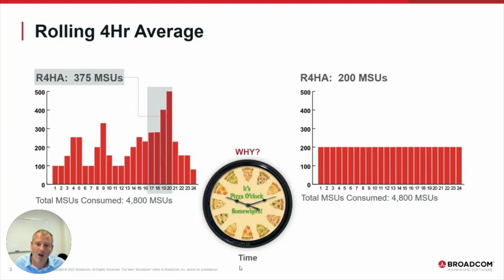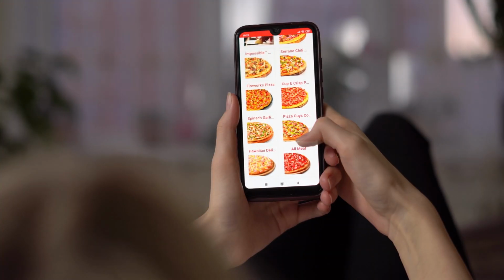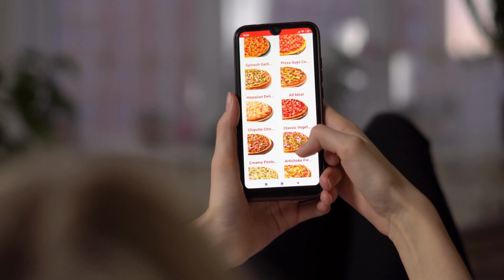To explain, I want to visit our pizza parlor again. Imagine if our pizza parlor charged a different price based on demand throughout the day. Naturally, the price of pizza would be the lowest in the morning when demand was the weakest, then rise throughout the day when people got hungry at lunch and dinner.